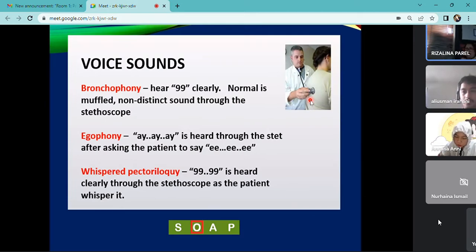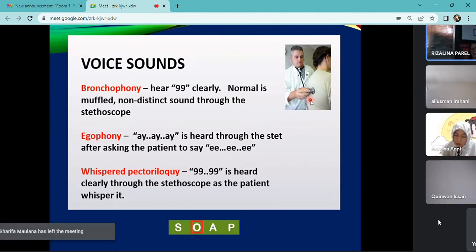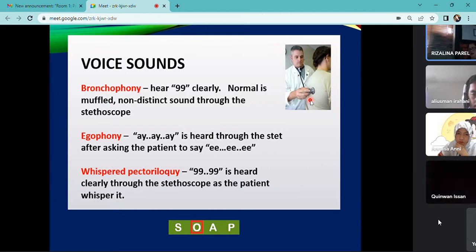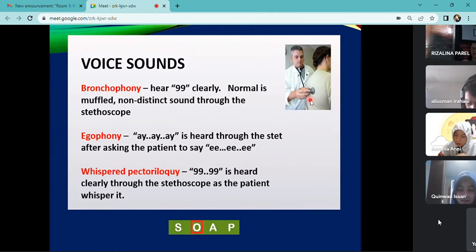Then what you hear through the stethoscope has a nasal or bleating quality. Then that is egophony. This is possible when the patient also has consolidation. So all of these are for consolidation.